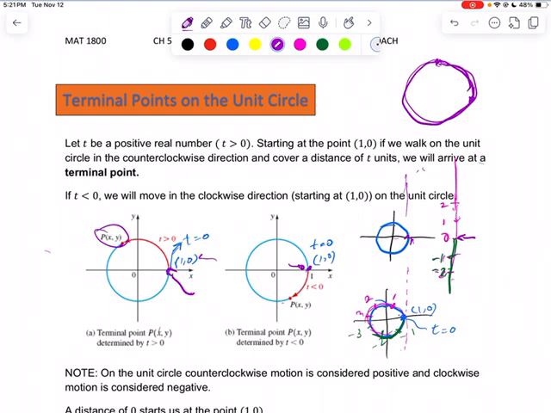That's what I did in the next picture. And then we start wrapping this line on the circle.